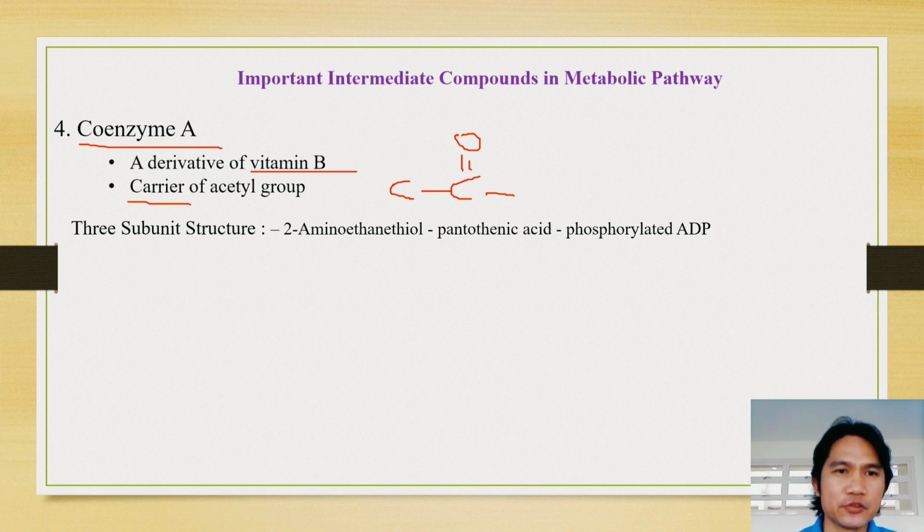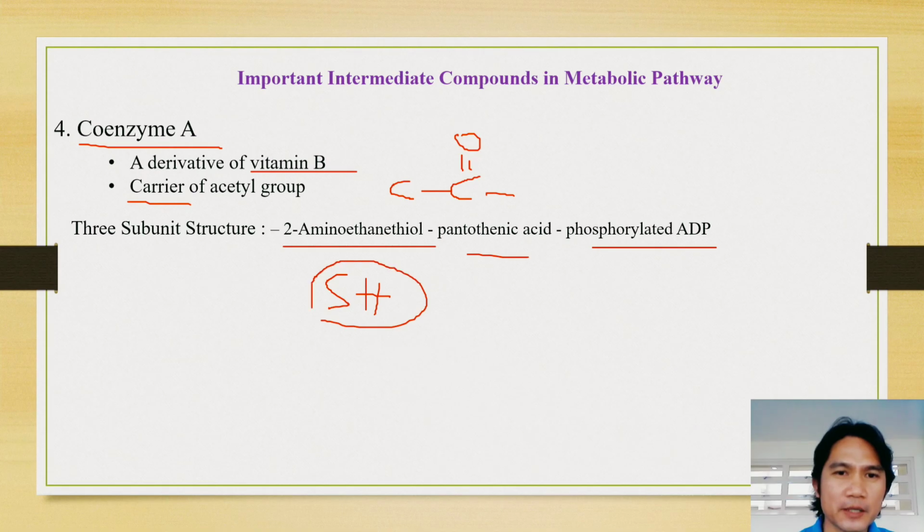Coenzyme A has 3 subunits: 2-aminothiol, pantothenic acid, and a phosphorylated ADP. In the aminothiol, it contains a sulfhydryl group, and this sulfhydryl group is where the acetyl group binds or attaches. Okay? See you in the next video.